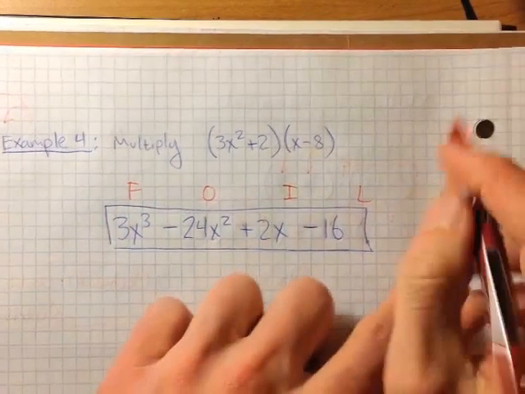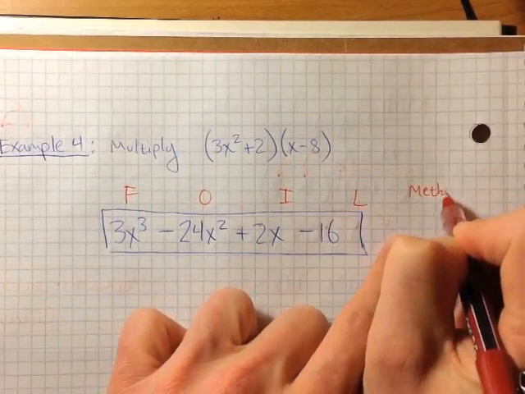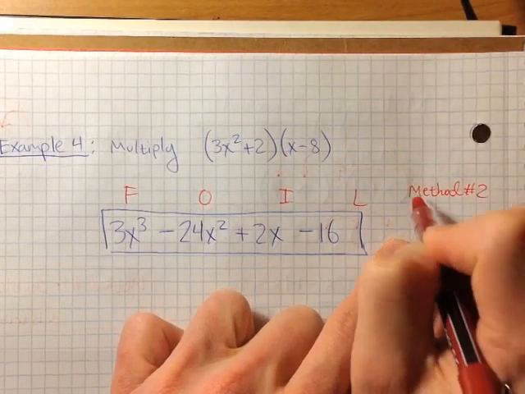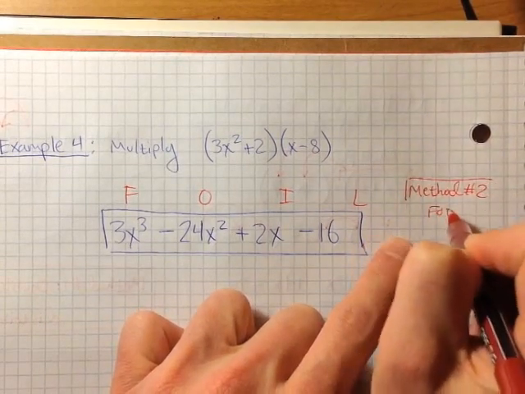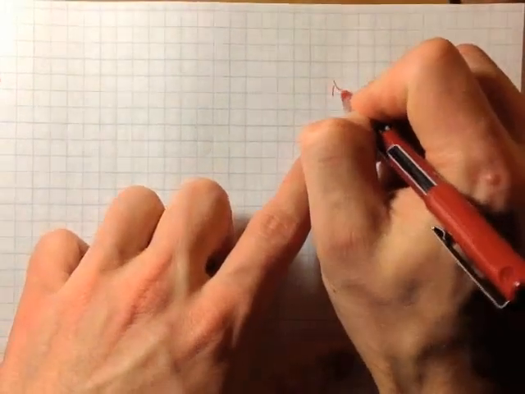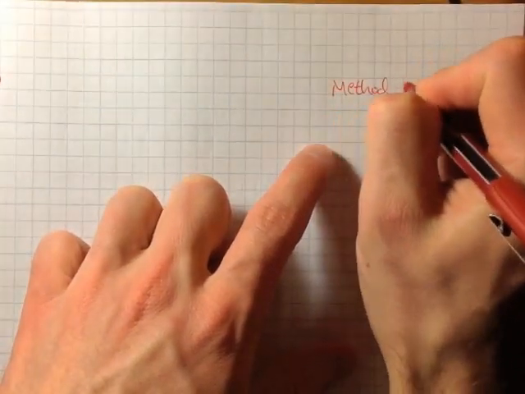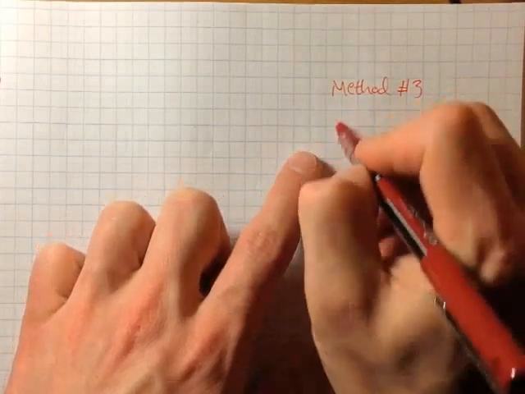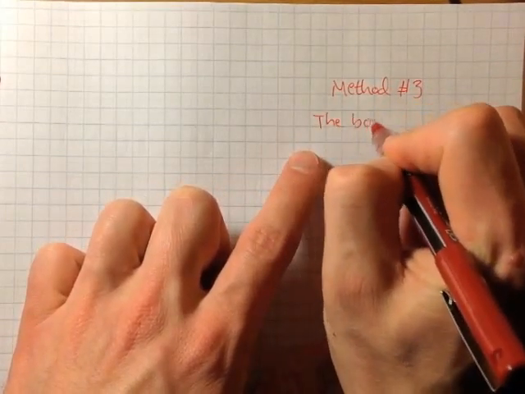So again, this was using method number 2, FOIL. All right, now we're going to look at a third method to multiplying binomials. Method number 3. And I call this the box method.